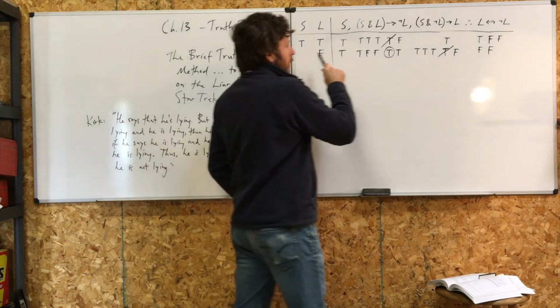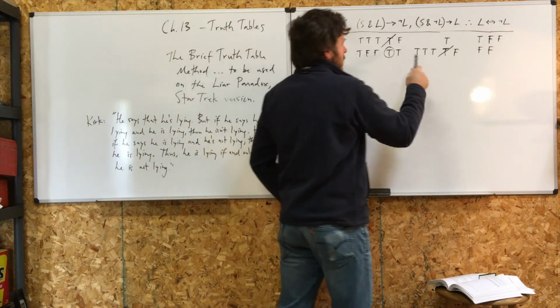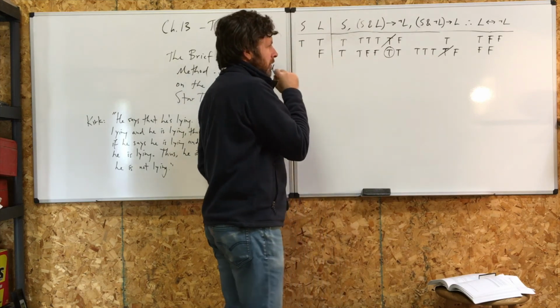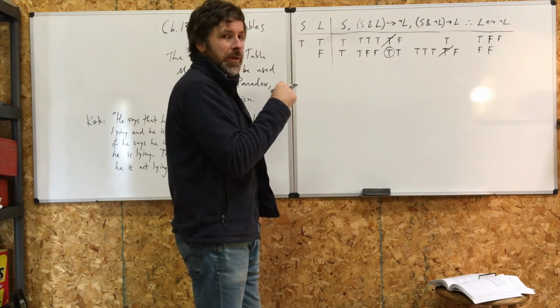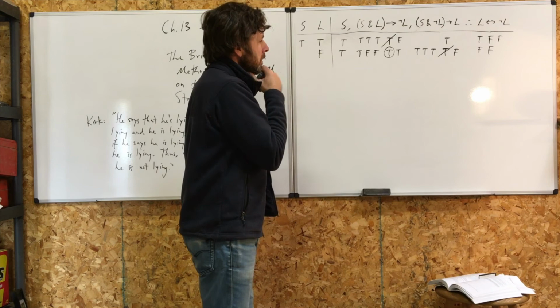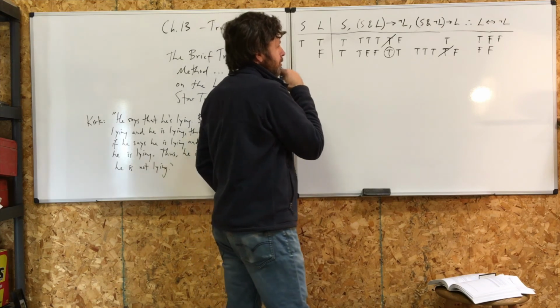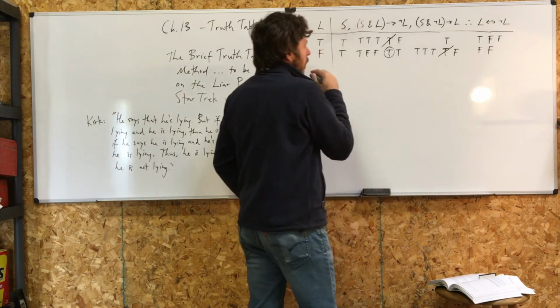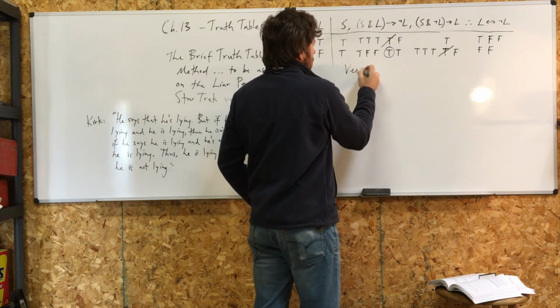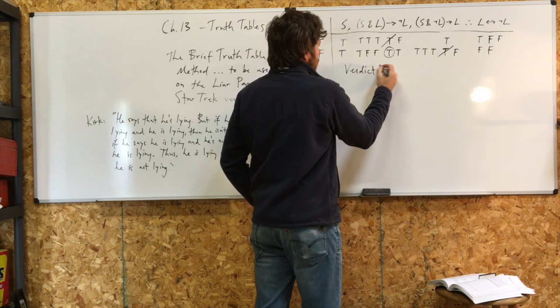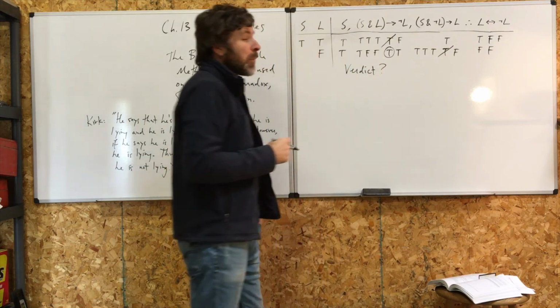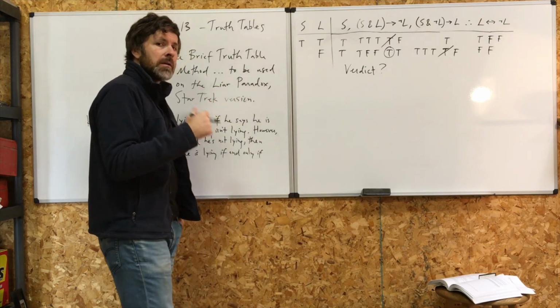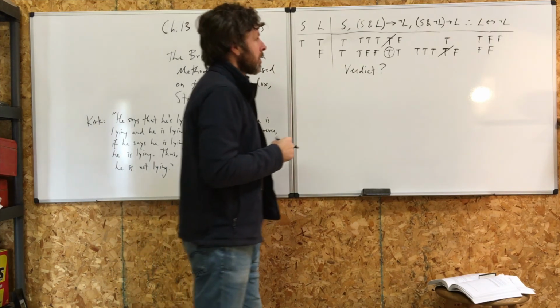So, under both possibilities, where L is true and L is false, we cannot come up with a consistent set of values across the board. So, what have we proven here? What have we proven? Validity or invalidity?